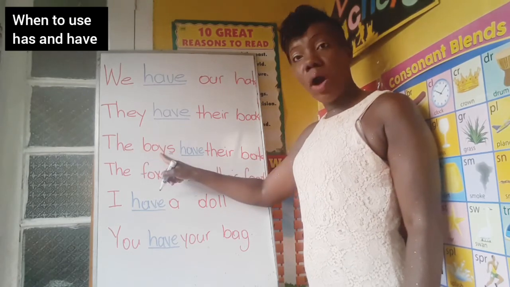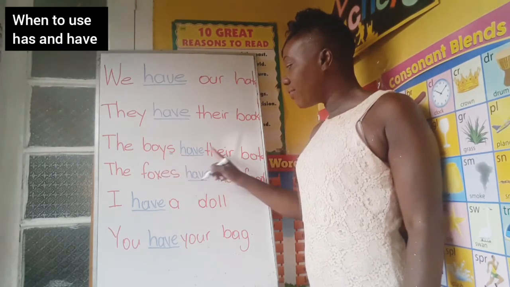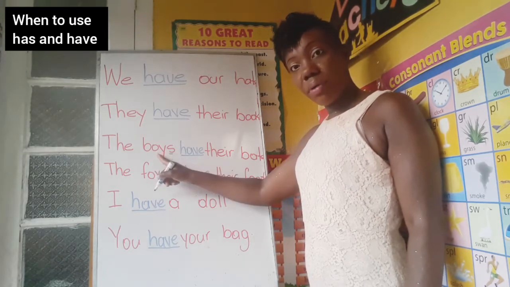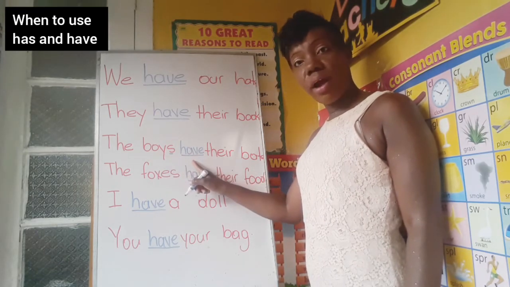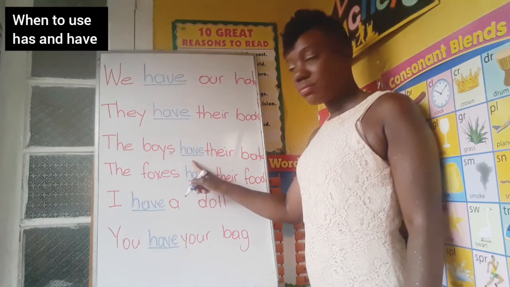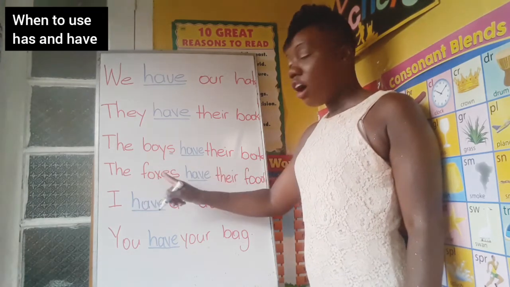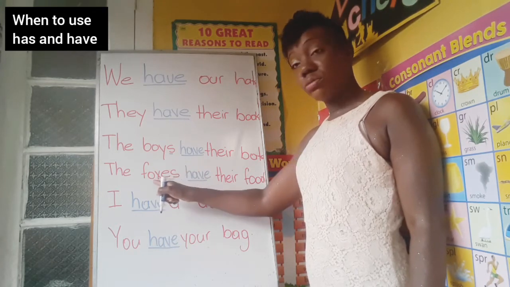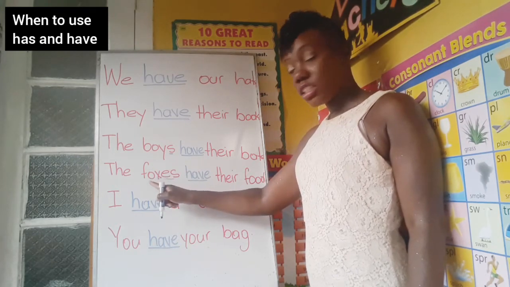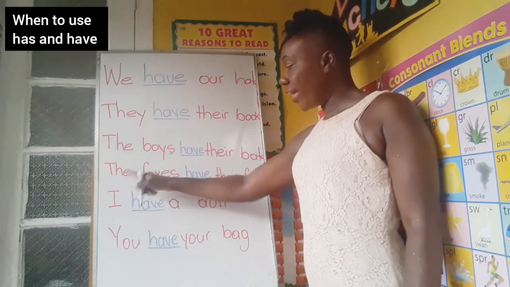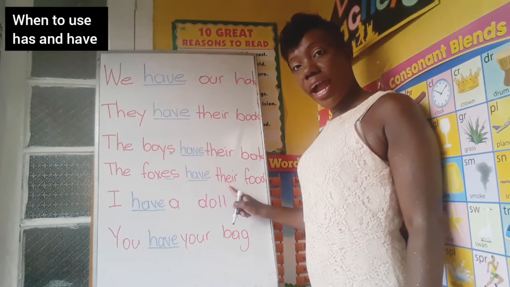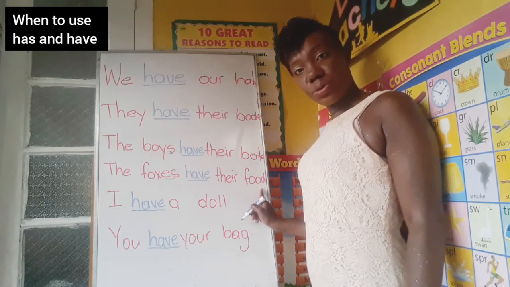The boys have their bats. More than one boy, so we use the word have. The foxes, the es signifies that it is more than one fox. It's plural. The foxes have their food.